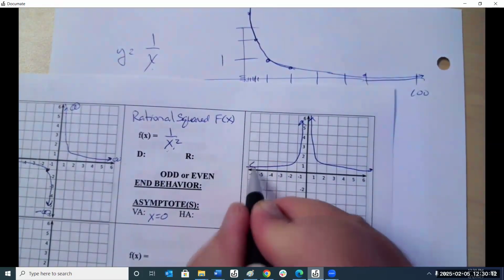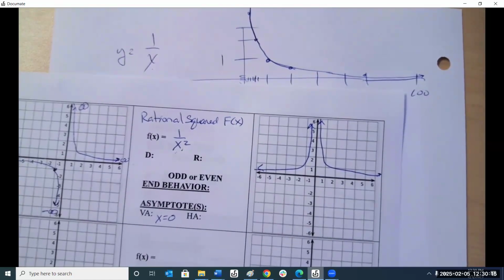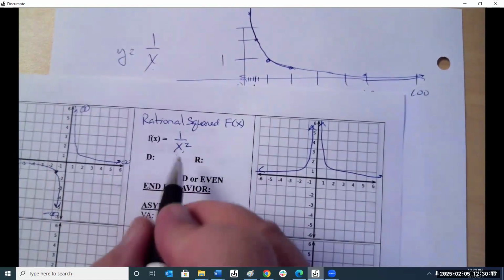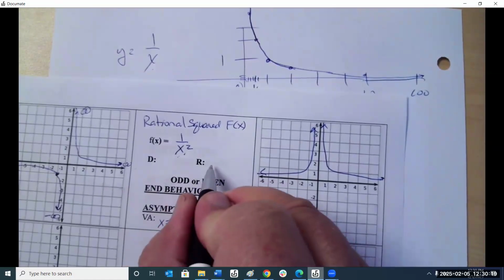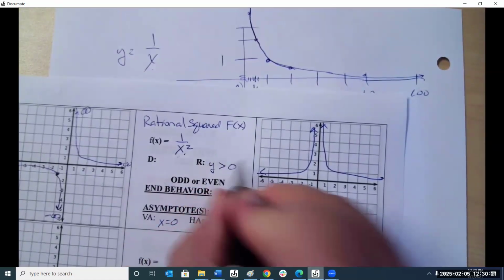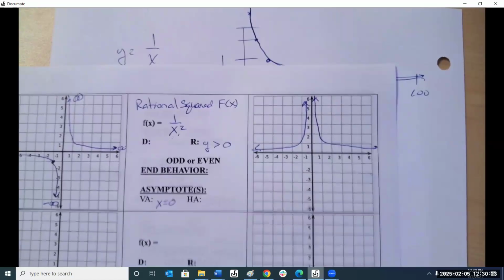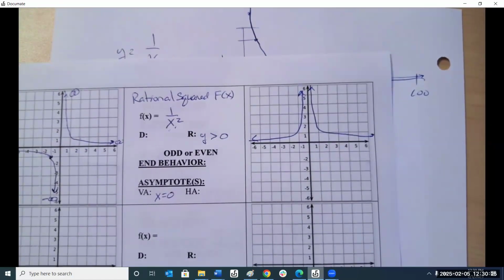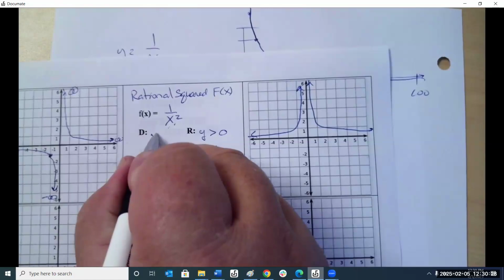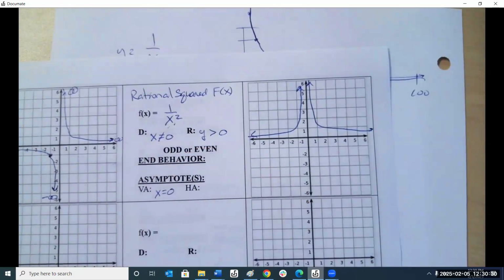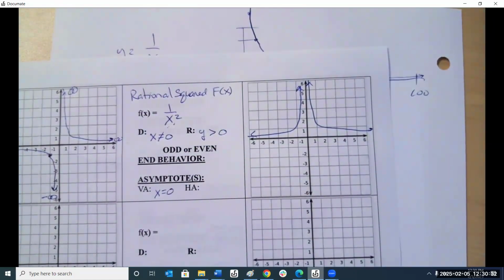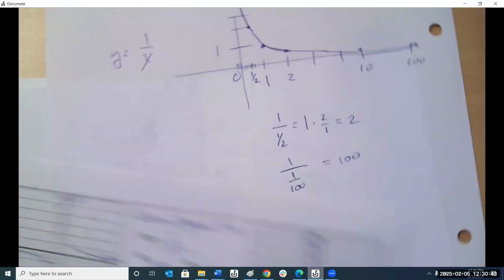So it looks like the Atari symbol. Because it's squared, my range is y has to be greater than 0. My domain is x cannot equal 0. So far, so good.